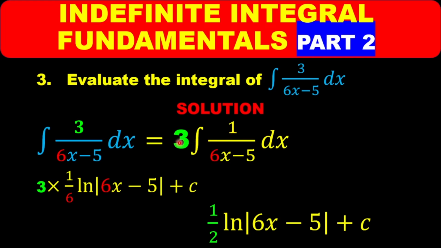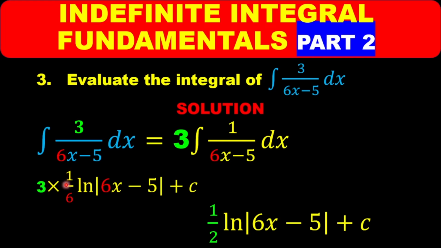And from what you have seen so far, the integral of 1 over 6x minus 5 is actually going to give you the natural log of 6x minus 5. Remember that. So the integral of 1 over 6x minus 5, all you need to do is bring the natural log, and then there must be the absolute value, and then whatever denominator you see here, you put the same thing here. Now the question comes across, yes, I understand this 3 in green color is what I have here as 3.